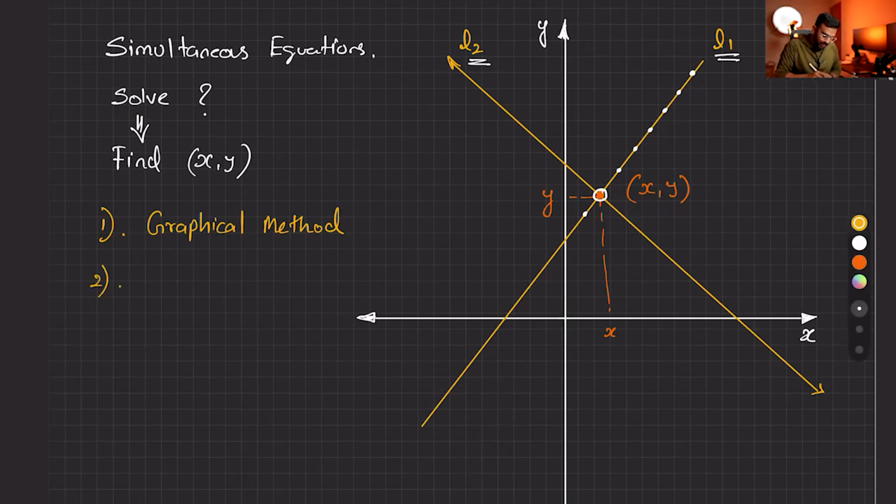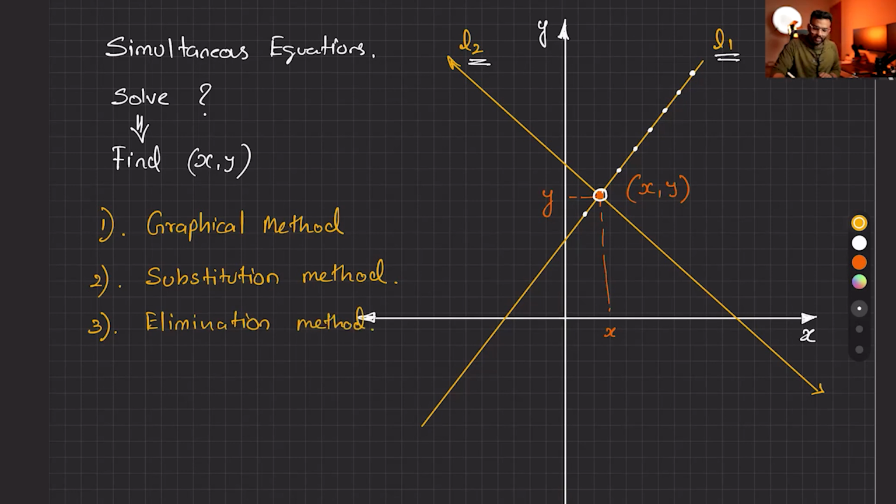Number two is substitution. And number three is the elimination method. Now, the elimination method is a year 10 concept. You guys don't need to worry about it. But today we're going to cover the graphical and substitution methods.